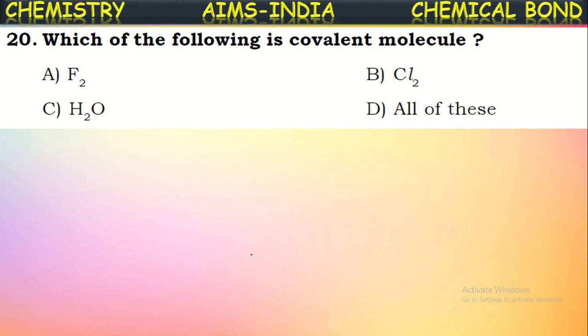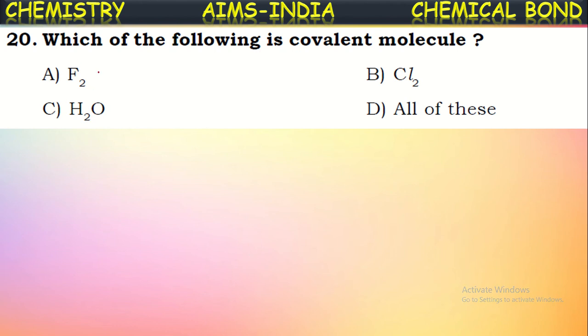Which of the following is a covalent molecule? A covalent molecule means the molecule which is formed by the mutual sharing of electrons between the atoms. See, in all these molecules, electrons are shared between the two atoms, hence these molecules are formed.